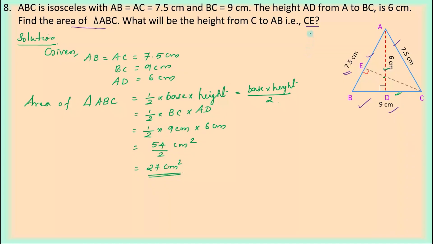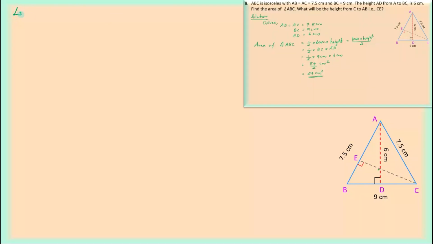Next we have to find the length of CE. Here CE is the perpendicular from the vertex C to the side AB. That is, CE is the height and AB is the base here. We know the formula for finding the height of a triangle. It is 2 into area of the triangle divided by base of the triangle.